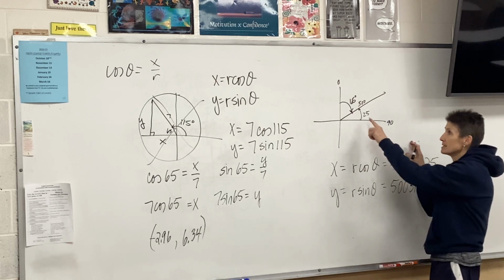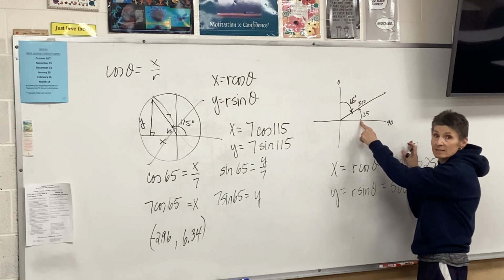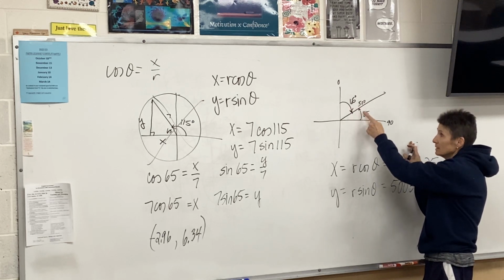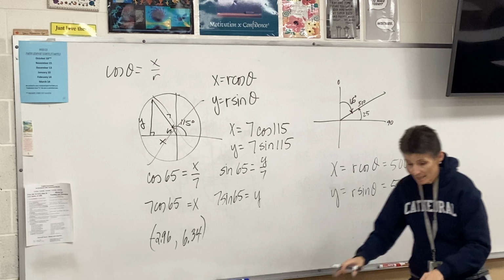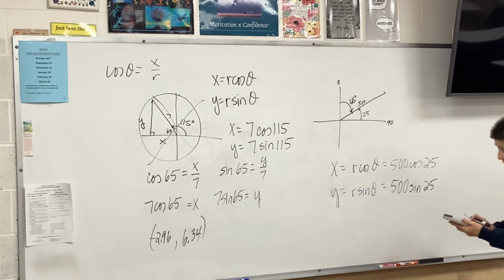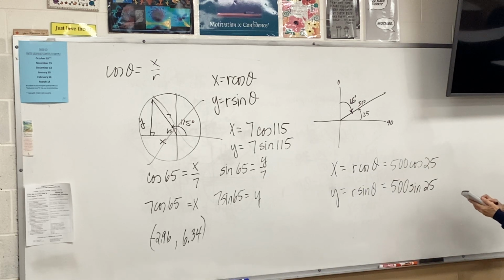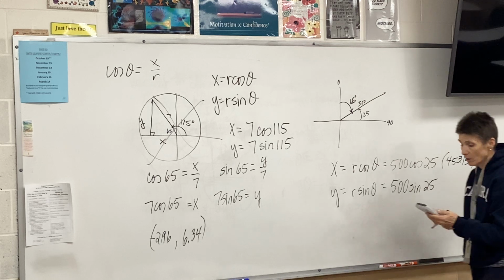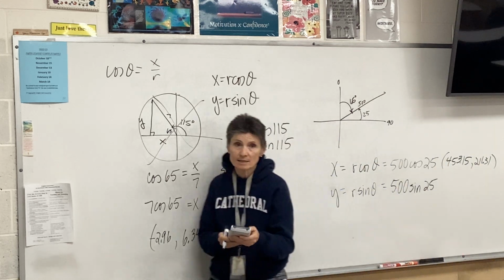Standard position means it starts at the positive x-axis. So that same angle is 25 degrees, and that would be the answer to the question. So the components of the velocity vector are 500 cosine 25, which is 453.15, comma, 500 sine 25, 211.31.